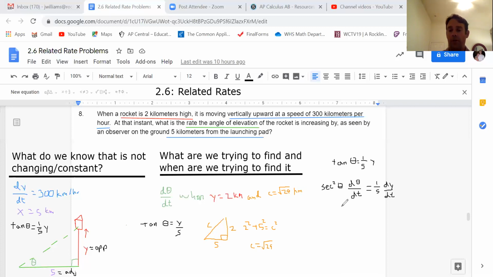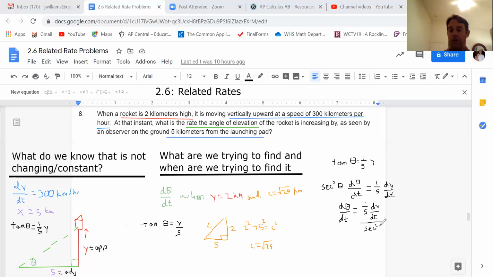All right, so we come back here. d theta dt, that's going to be 1/5 dy dt, all over secant squared theta.